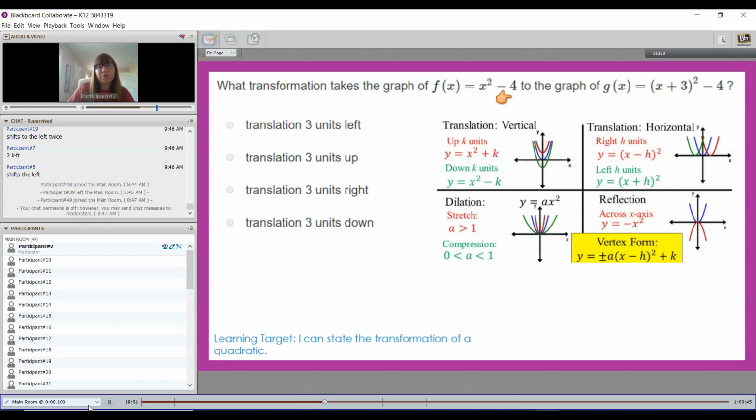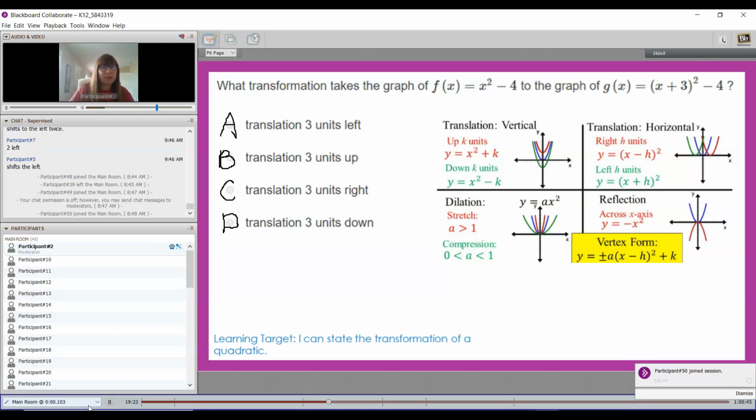How did it change from the original function to the new one, and what kind of shift or transformation happened there? I'm just going to label these A, B, C, and D and give you a minute to think about that. Look at the original one that you're given and see what changed. That's your biggest thing. You want to see how it changed from the first one to the second one.